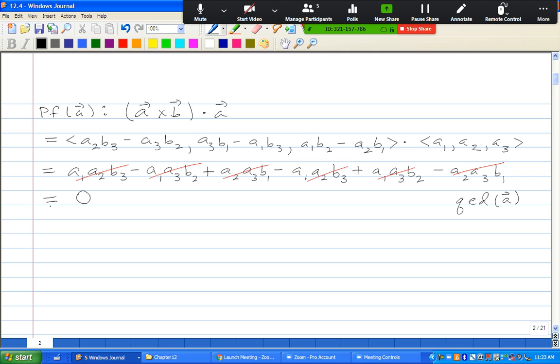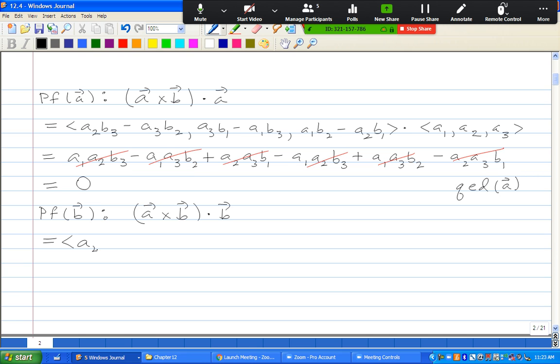Let's show that B is also orthogonal. Let's do A cross B dot B. Like above, this is A2 B3 minus A3 B2, comma, A3 B1 minus A1 B3, comma, A1 B2 minus A2 B1, dotted with B1, B2, B3.